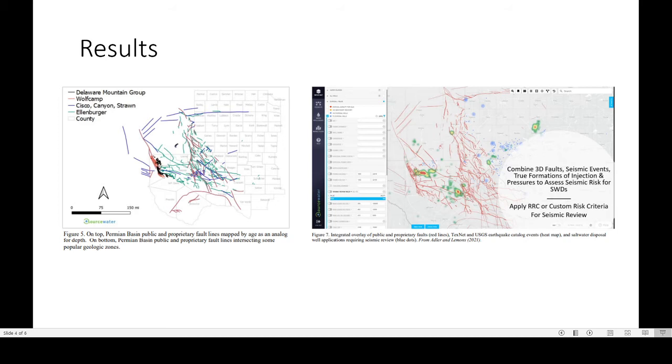Then the figure on the right shows the integrated overlay of faults in red lines, and they also categorize earthquake catalog events, which is the heat map, and SWD applications during seismic review, which are the blue dots. So that just shows if there's a potential correlation between where the blue dots are versus where the earthquake activity is, as well as the fault movements.